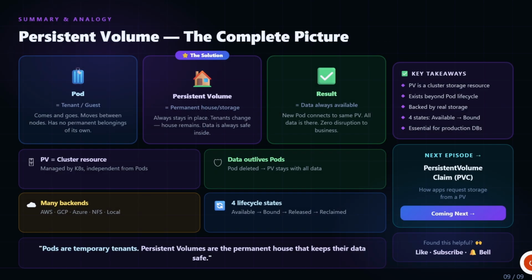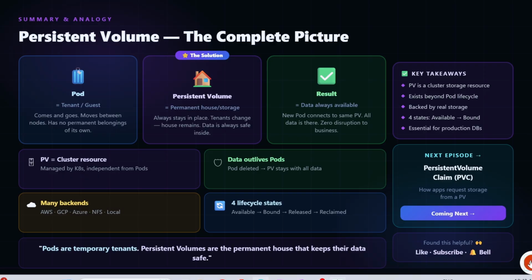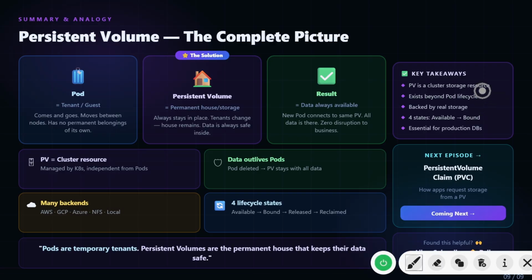Now let us understand the persistent volume as a complete picture of whatever we just discussed in this video. The key takeaway, as I said, is that the pod is the tenant, a person coming to rent a room, and the persistent volume is the permanent house or storage. As a result, the persistent volume makes sure the entire data is always available.